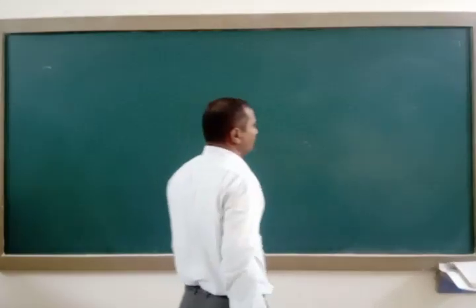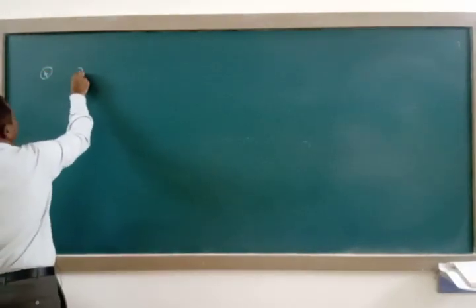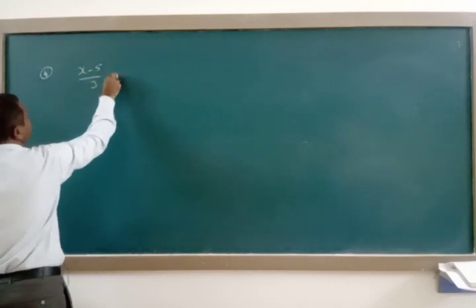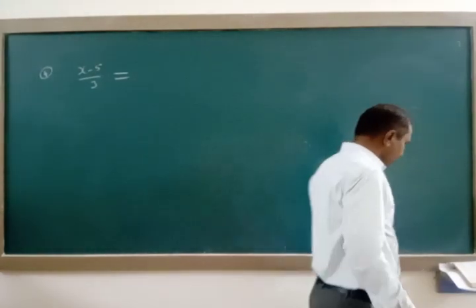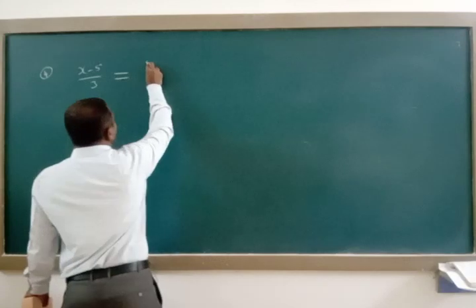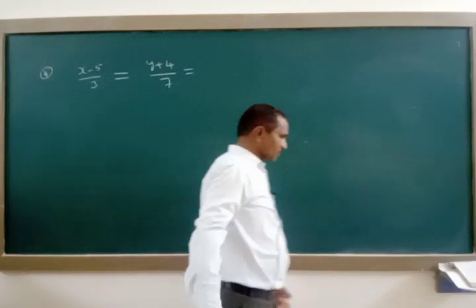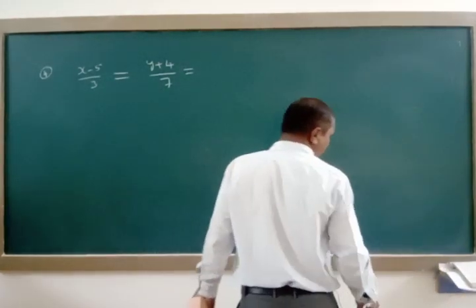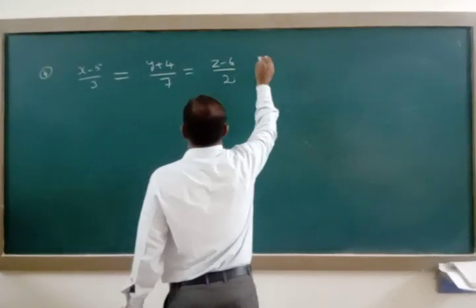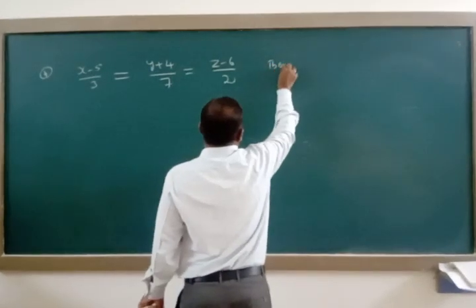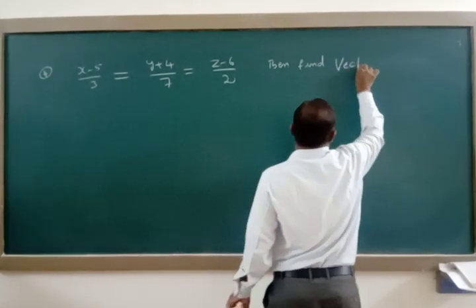The Cartesian form of the equation of the straight line is (x minus 5) by 3 is equal to (y plus 4) by 7 is equal to (z minus 6) by 2. Then find the vector form.